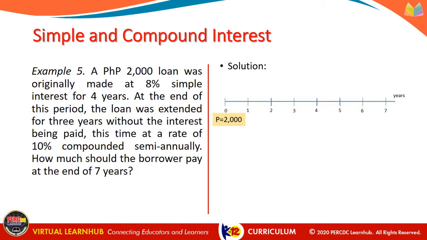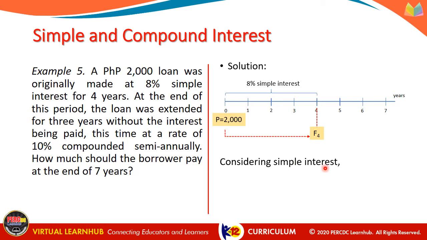At time is equal to 0, or at the beginning, a loan was made worth 2,000 pesos. After 4 years, the borrower has to pay a certain amount, let's call that F sub 4, which we do not know yet.